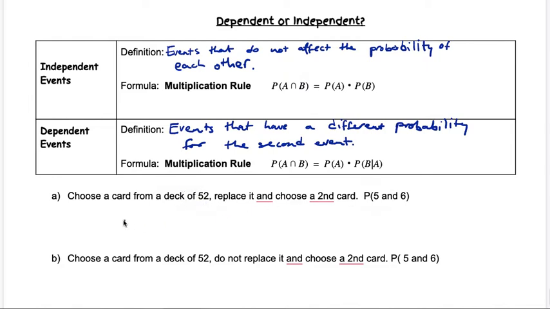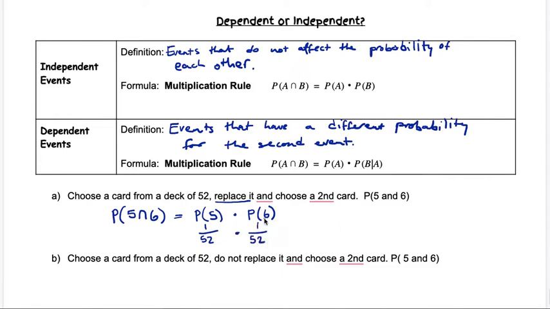So the probability of choosing a 5 and a 6 in the situation where we have replaced the card is equal to choosing the 5, which is 1 out of 52, times the probability of choosing a 6, which is also 1 out of 52.